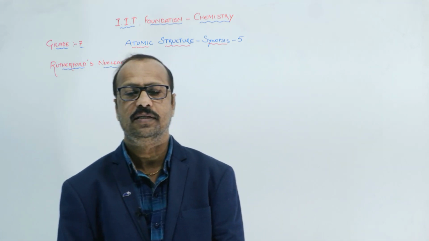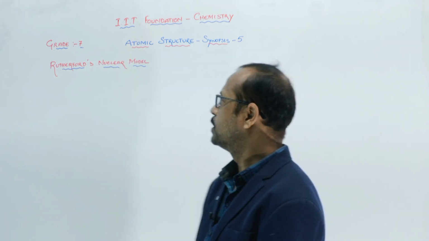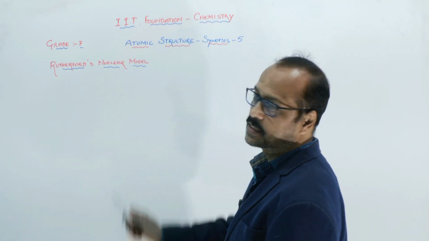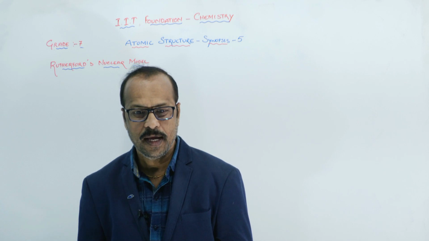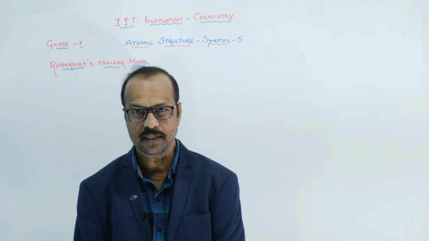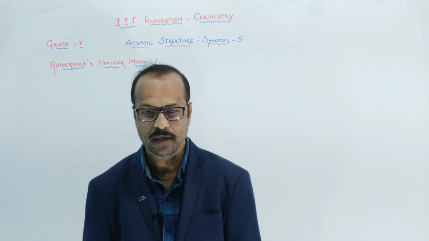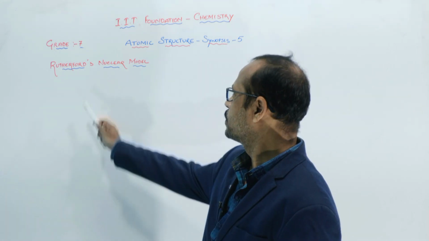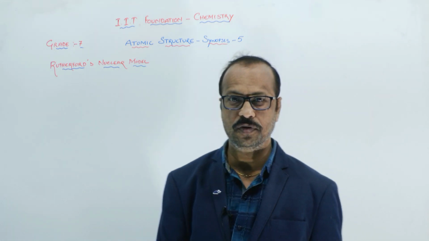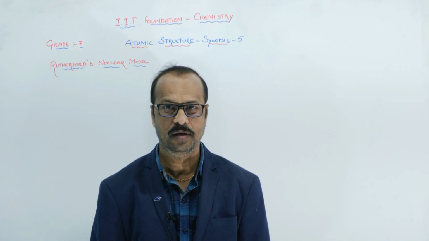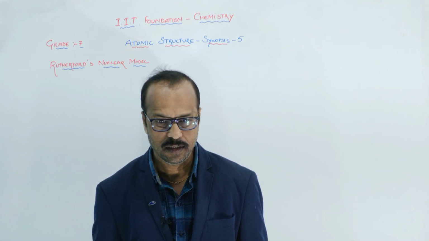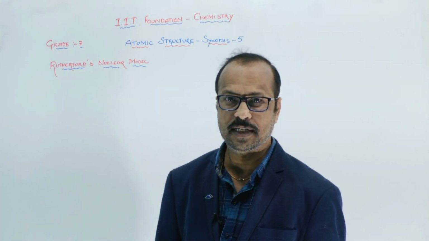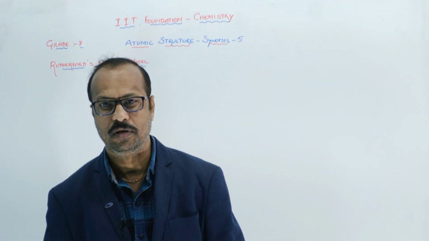So till there we discussed, students. Today we are going to the next synopsis, that is 5. In this, today we are going to discuss about Rutherford's nuclear model. Alright. So let us see now Rutherford's nuclear model.